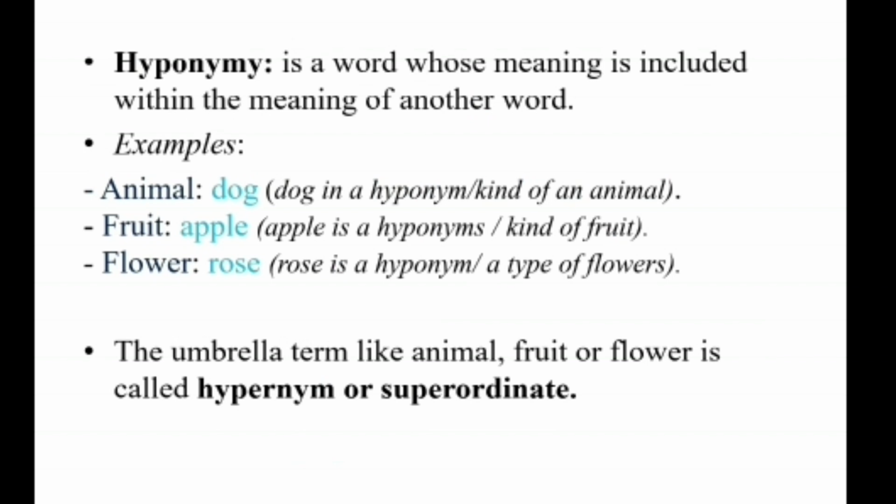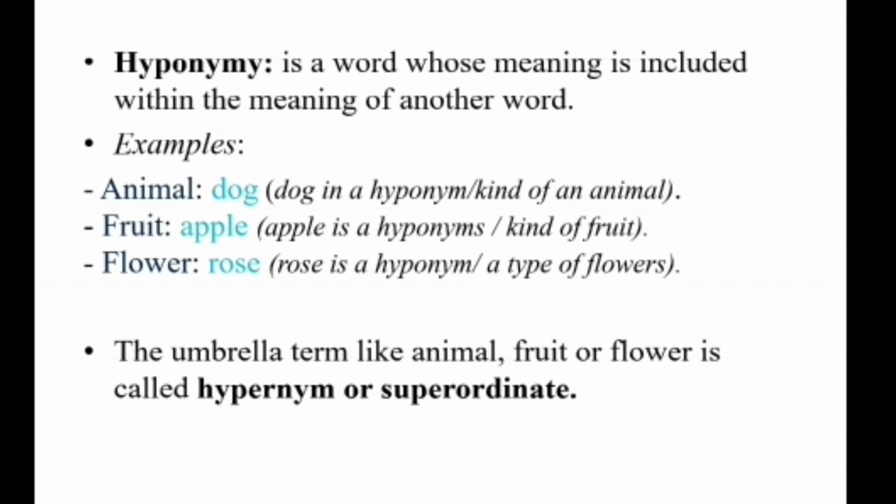Now let's go to the next one, which is hyponym, a word whose meaning is included within the meaning of another word. For example, here we have animal, and a kind of animal is dog. So dog here is the hyponym. Animal is like an umbrella term, and such umbrella terms are called hypernyms or superordinates. Apple is a hyponym of fruit, which is more general.